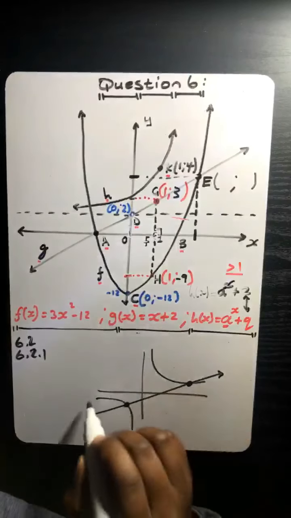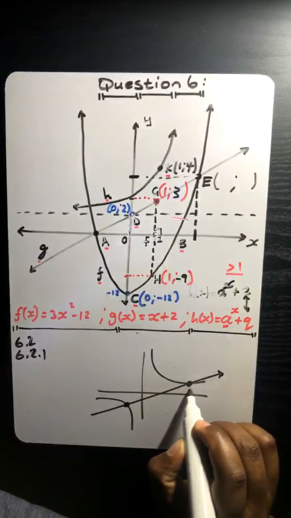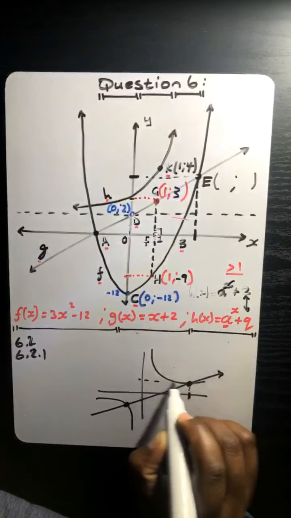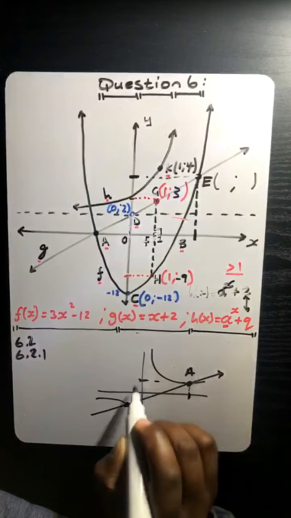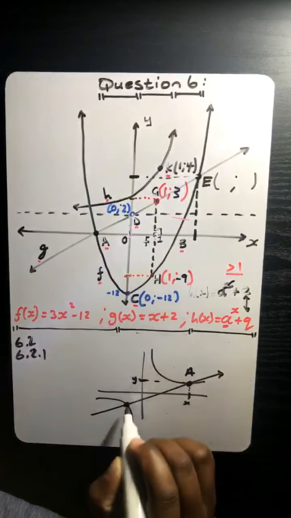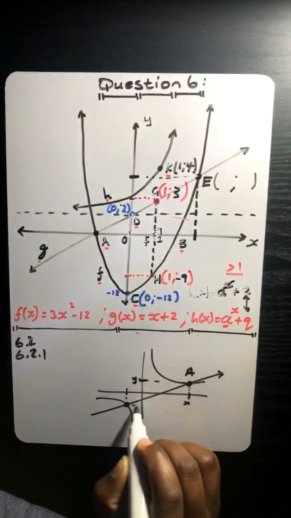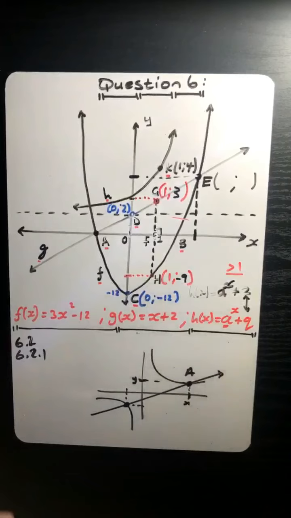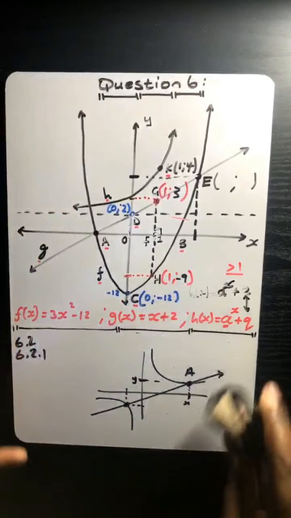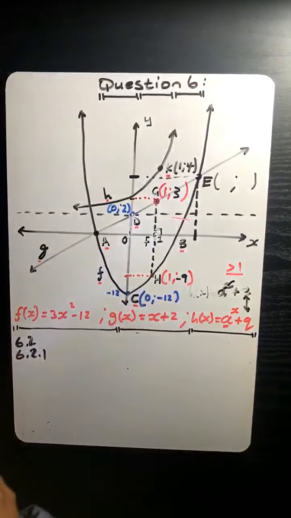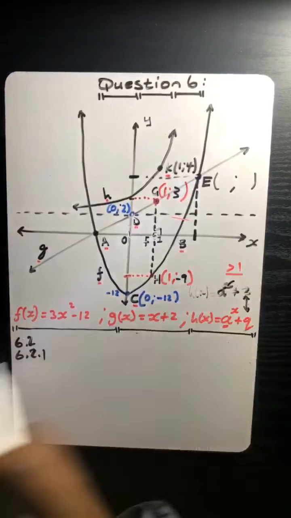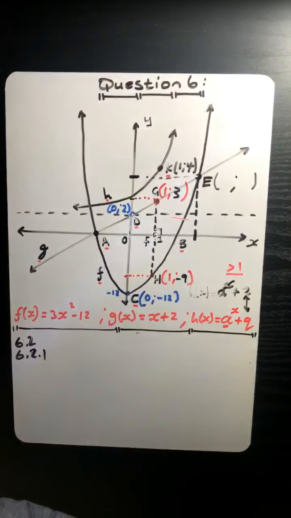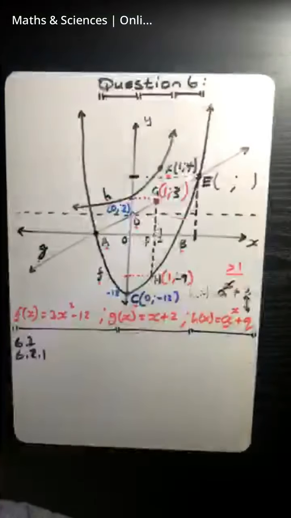These two functions are touching each other, which means they are equal at that point, in a sense that they have the same y value and the same x value, which means we can equate the equations of the two functions which are intersecting with each other and solve. Did that make sense, Lerato? Yes, thank you. Does it make sense to everyone, guys?